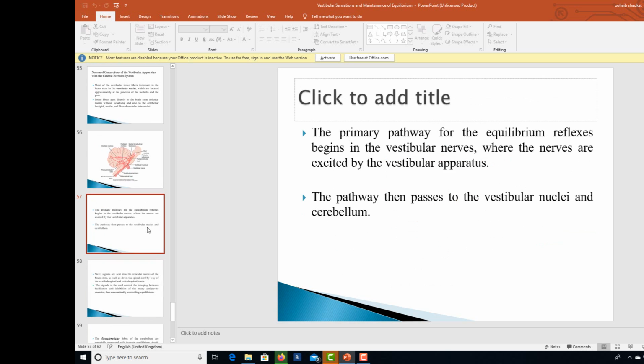You can see the primary pathway for the equilibrium reflexes begins in the vestibular nerves, where the nerves are excited by the vestibular apparatus. The pathway then passes to the vestibular nuclei and cerebellum.